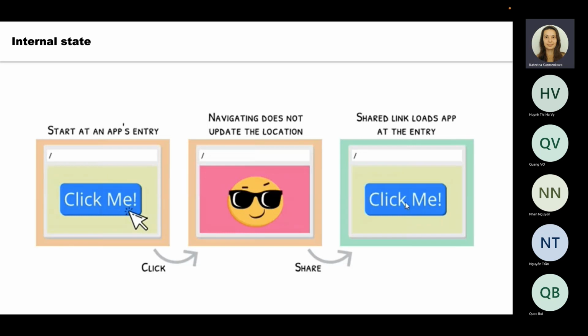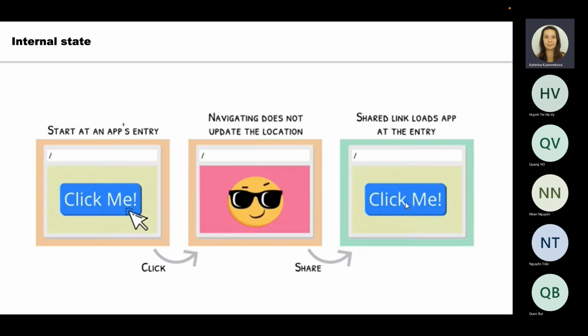A single entry means that you always start at the root when you enter the application. So if you start in here and you would like to navigate to another page, you click on something in here, for example, on a button, and you go here.